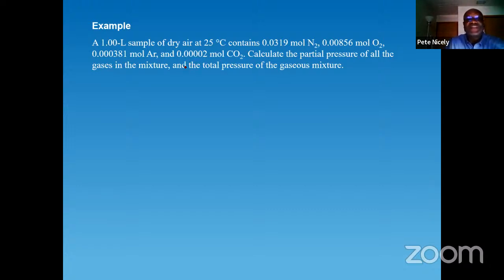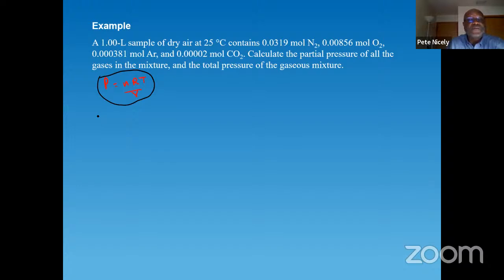So the question is asking for you to calculate the partial pressure of all the gases in the mixture and the total pressure. Okay, so basically, what you'd have to do is apply the ideal gas equation to each of these gases. So it's going to be P is equal to nRT over V, right? So you'll be applying this equation here to each of the gases, right?